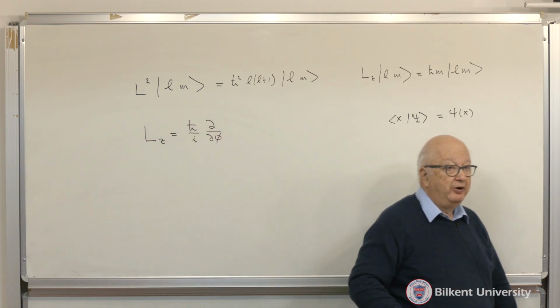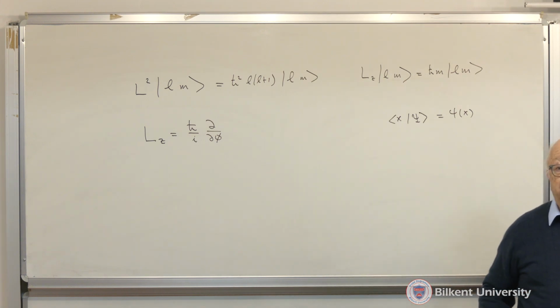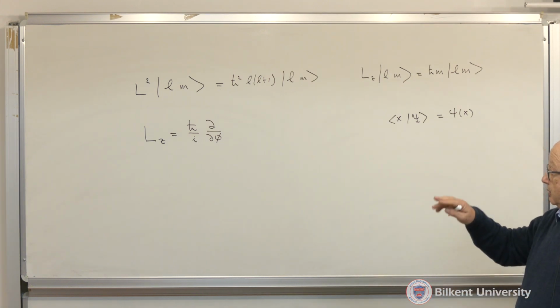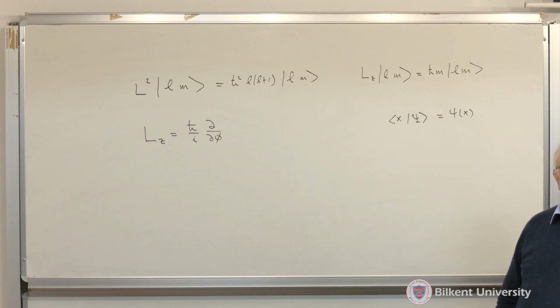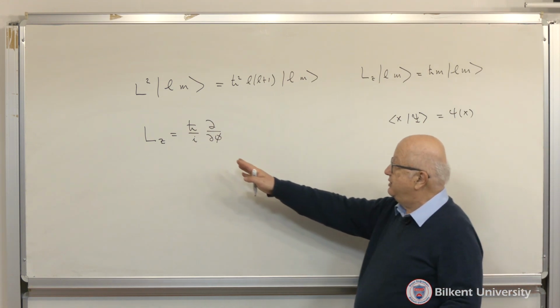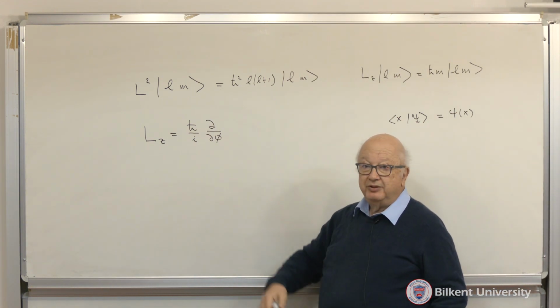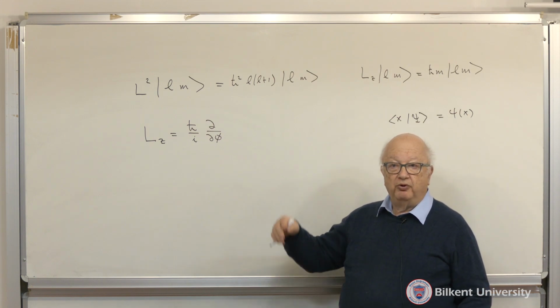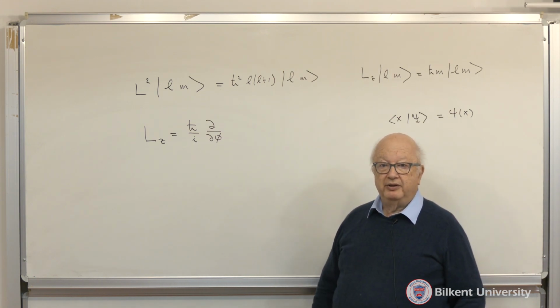In fact, it's just the angular part of the Laplacian in the Hamiltonian, or the kinetic energy. If I now want to find the eigenvectors of these, Lz is going to be simple, but for L squared we are going to get somewhat more complicated functions.